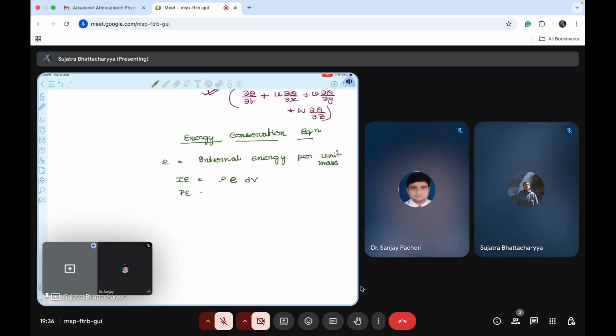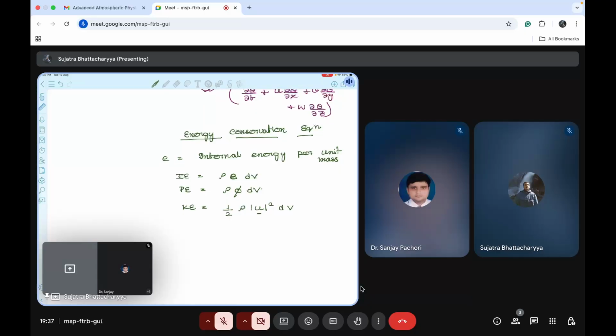Similarly, there is a potential energy in the atmosphere that will be rho phi dV, which is due to the gravity, g z. Phi is g z. Okay, and there is a kinetic energy of the macroscopic motion, that is half, of the air particle. So this will be half rho |u| square dV. Remember, this u is a vector with a magnitude squared.